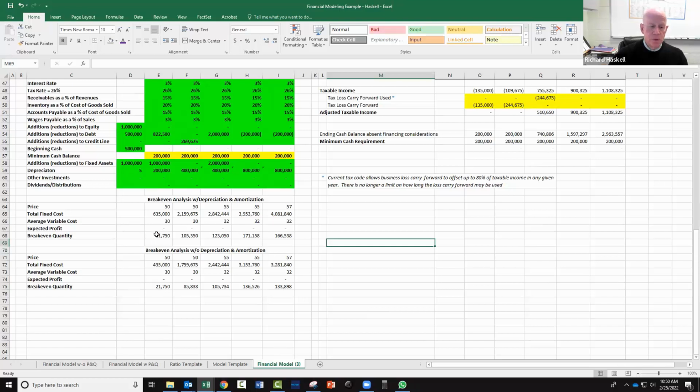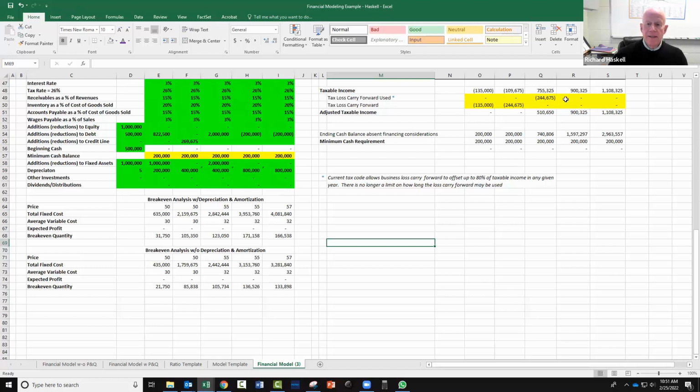In fact, in this first period where we were at 25,000 units and lost money, if we had that same 25,000 units, but no depreciation, we wouldn't have lost. And think of this more as a cash loss than a net income loss. So I think it's instructive to run break even sometimes with and without depreciation.